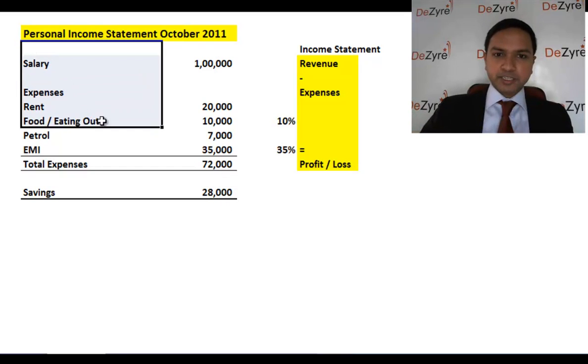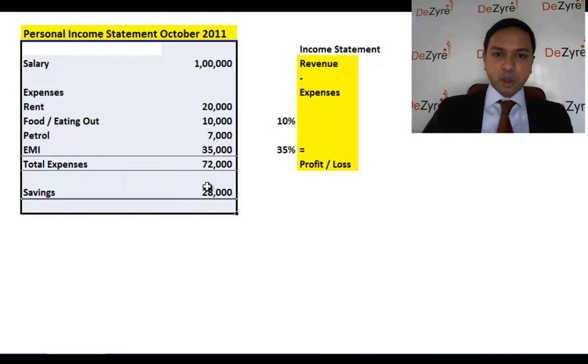Now that is what you see here, salary of 1 lakh, and you've been spending all this money, and you finally save some 28,000 rupees there. Now, is that it? So my question is, does just this statement give you or somebody else a complete financial picture about yourself? Think about it.